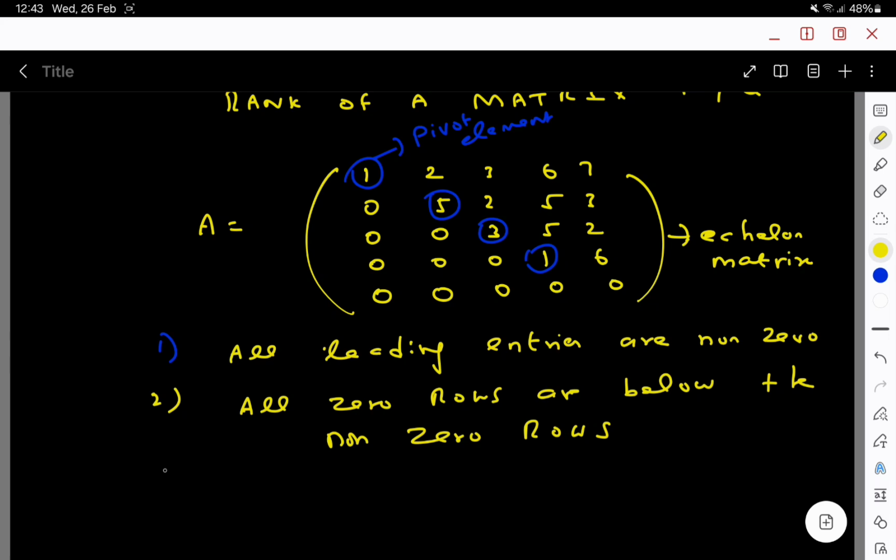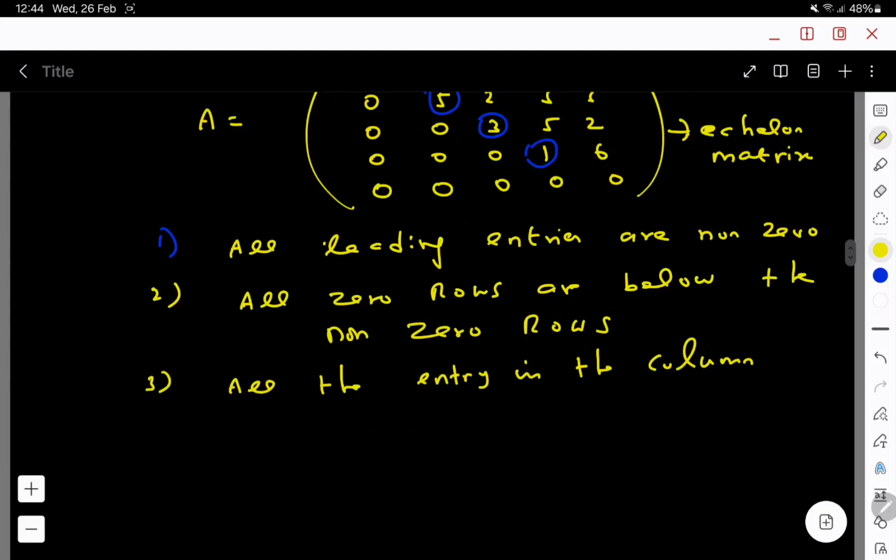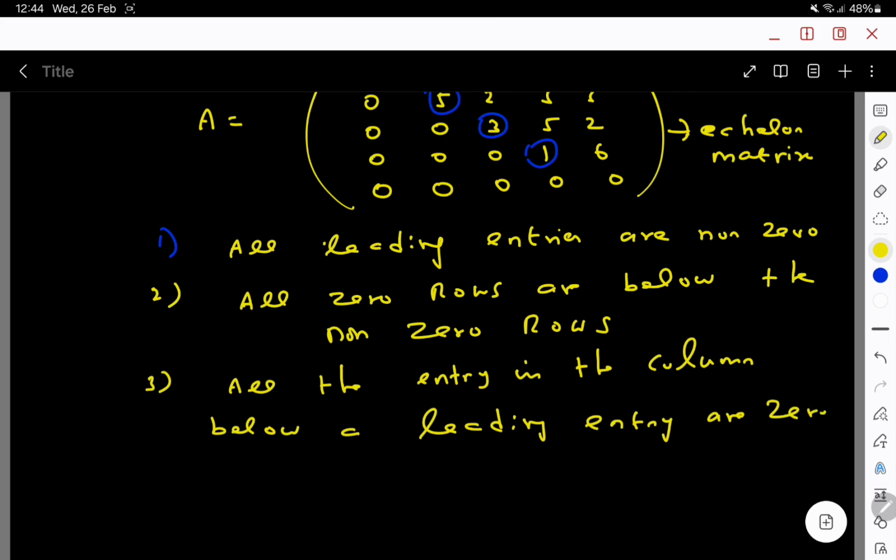So that is the third condition: all the entries in the column below a leading entry are 0.